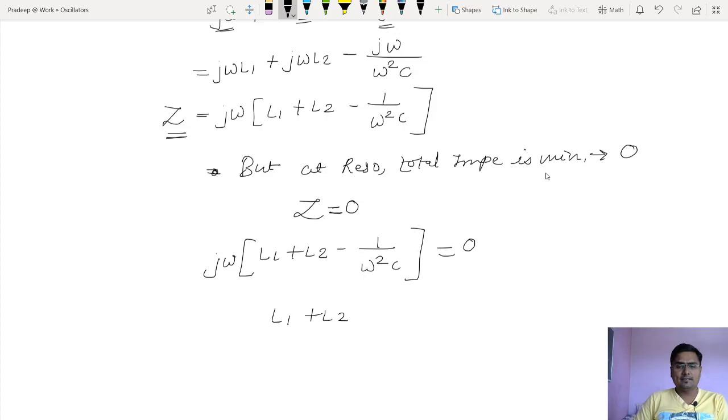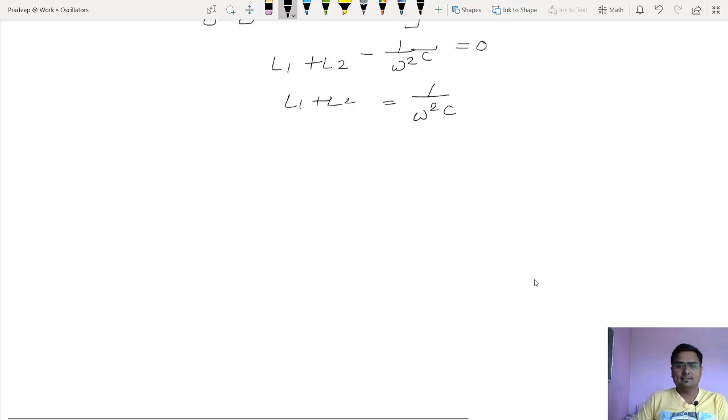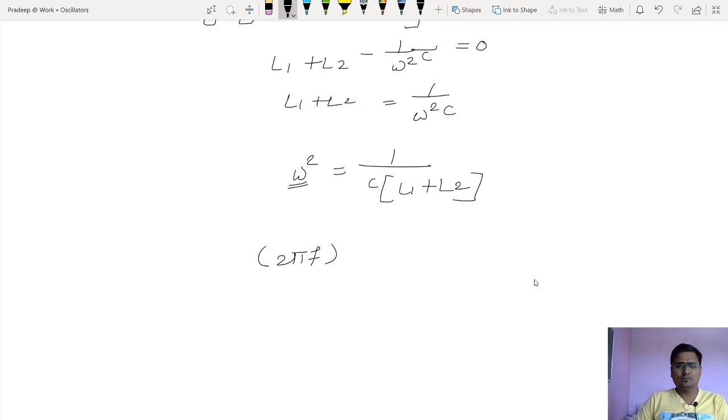It means L1 plus L2 is equal to 1 divided by omega square C. I'm just simplifying this. Then omega square will be 1 divided by C multiplied by L1 plus L2. Now what is that omega? It is 2 pi f. So (2 pi f) square will be 1 divided by C times L1 plus L2.